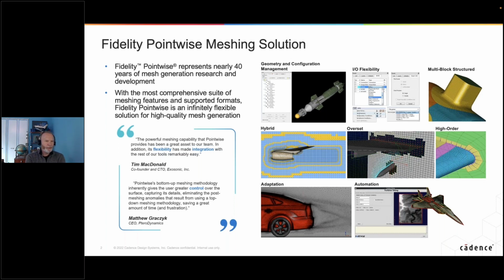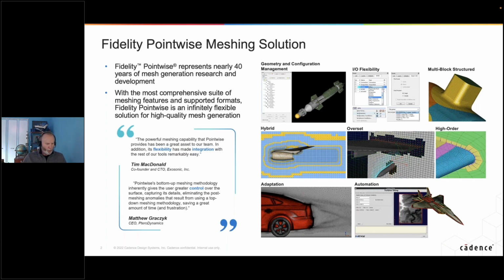In terms of the types of meshing you can do in Pointwise, of course, we support multi-block structured, hybrid, and fully unstructured. We support overset meshing, as well as coupling with some of the tools that you can use for hole cutting for overset meshes. We also have high order export for a number of the flow solvers that we support for export.